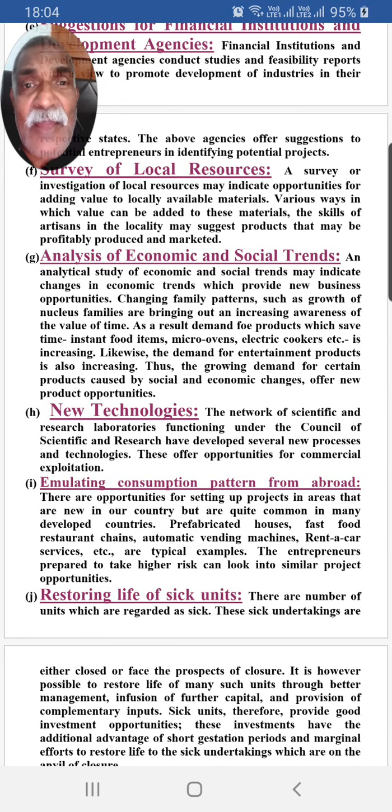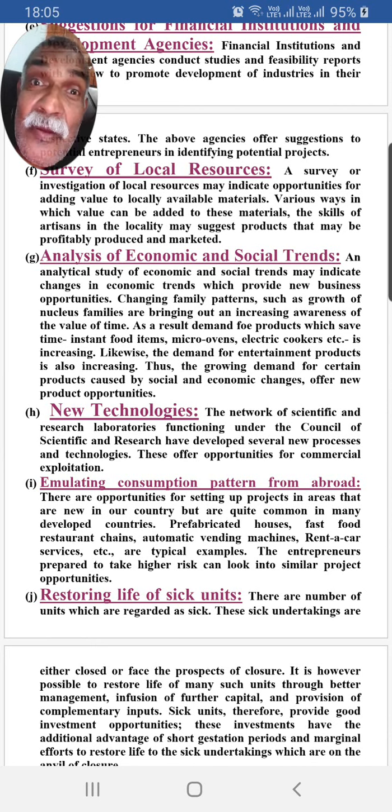So, for nuclear families, they want to save time, and for this, they want to use instant food. So, they want to use microwave ovens to save time. They want to use electric cookers to save time.